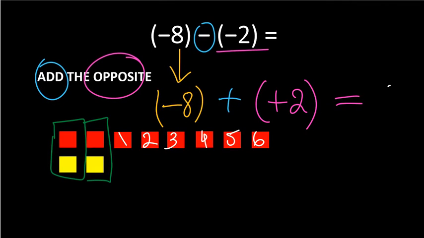So let's write down 6. We have 6 red tiles. Red means negative, so let's add a negative sign in front of the 6. So negative 8 plus positive 2 is negative 6. And negative 8 minus negative 2 is also negative 6.